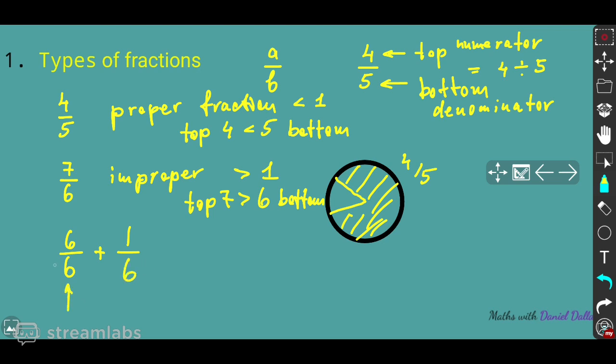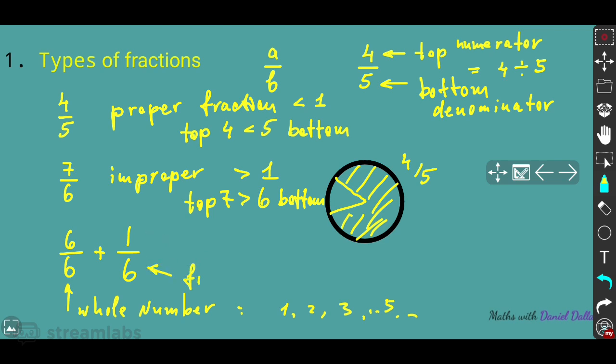So 6/6 parts means the whole number, which is simply 1, 2, 3, and so on. They're basically positive integers. In this case, 1/6 is the fractional part. And in total, 6/6 and 1/6 we can represent as one whole and 1/6. What is called a mixed number.